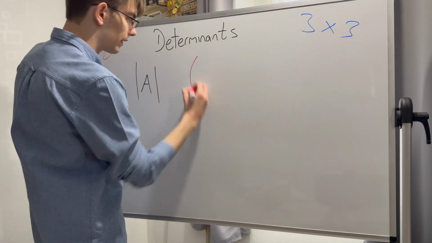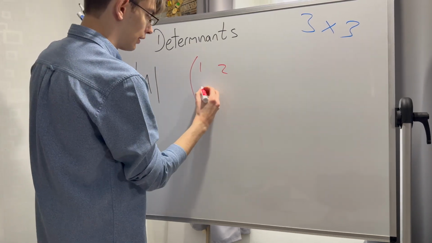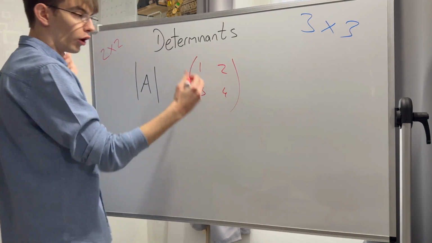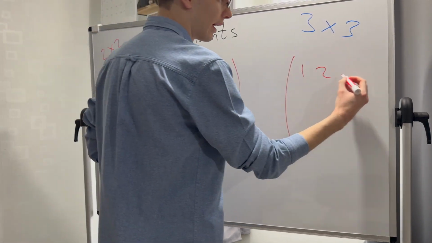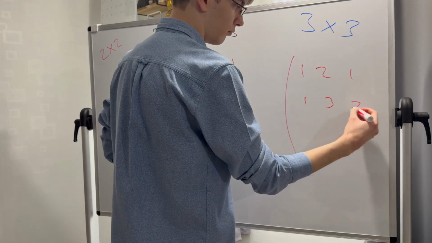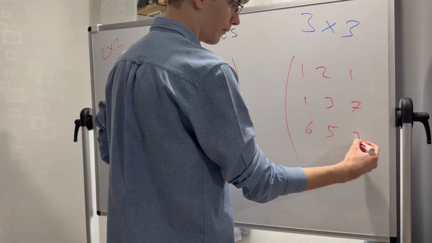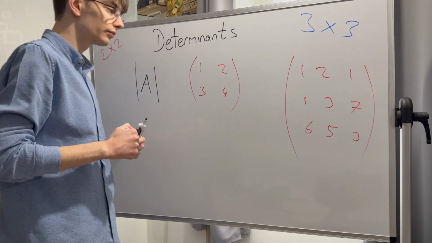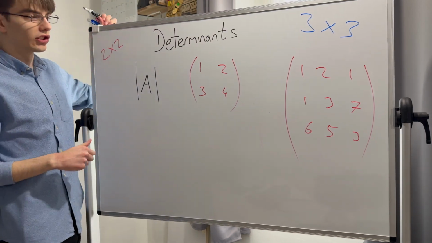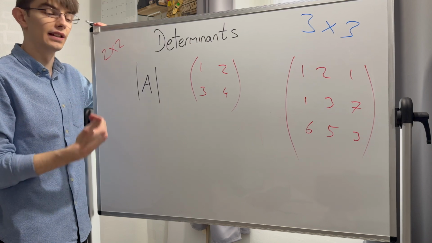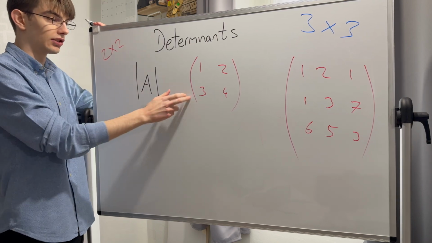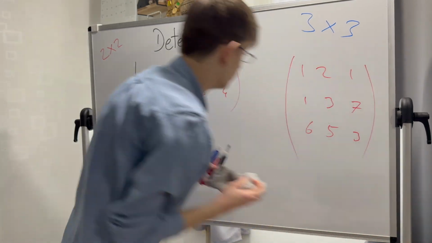A 2x2 matrix has 2 rows and 2 columns, and a 3x3 matrix has 3 rows and 3 columns. There's a slightly different technique for each, but overall it is very similar. So let's get started with the 2x2.